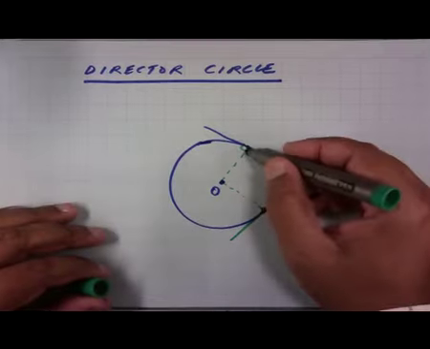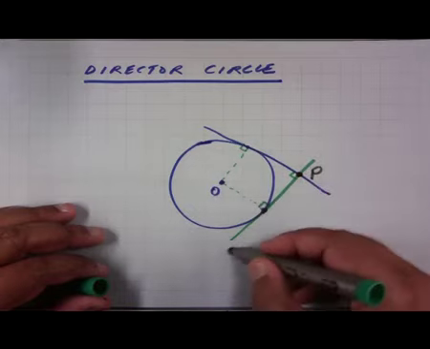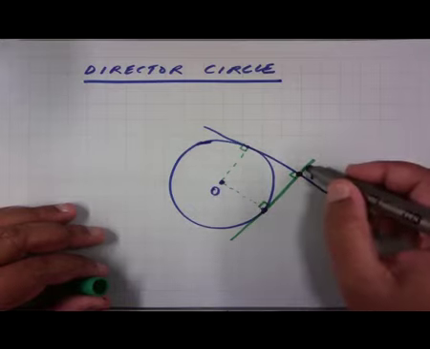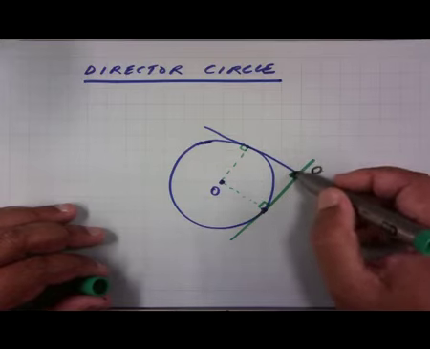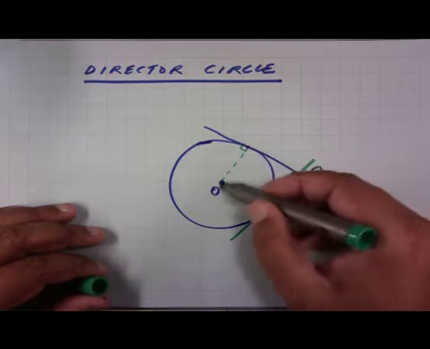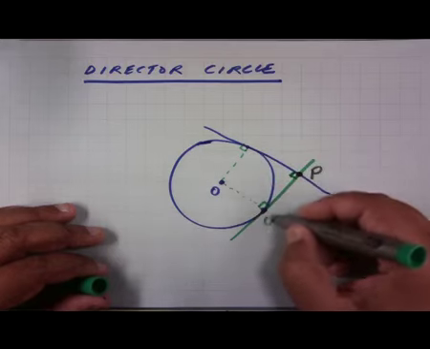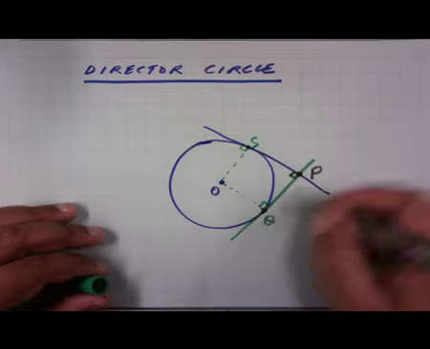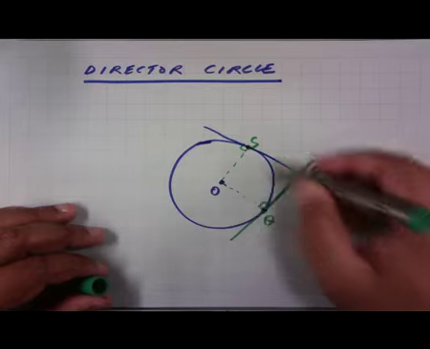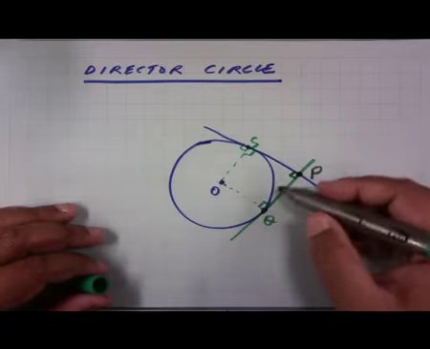this angle is 90 degrees because this is the first tangent. Similarly, this angle is also 90 degrees, plus we are given that these two tangents are meeting at 90 degrees. So, obviously, if we look at this quadrilateral O Q P S, then three angles of this quadrilateral are 90 degrees.